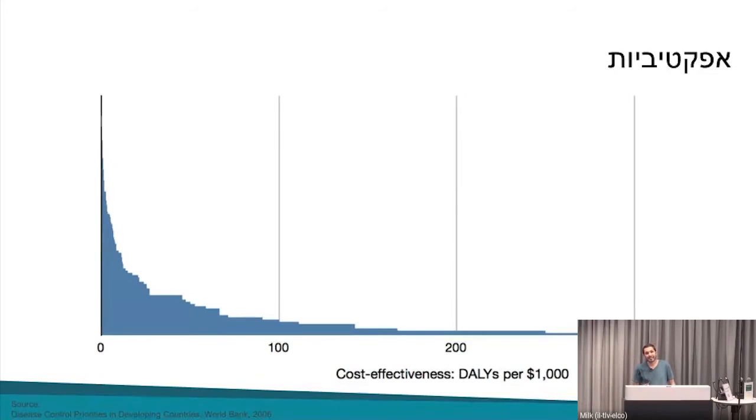So what we're seeing is the distribution of various different interventions and how many years of healthy life they provide for every $1,000 invested. And what you can see here is that you have a lot of charities that provide a few years per $1,000, but there are a small number that can literally provide hundreds of years of healthy life.